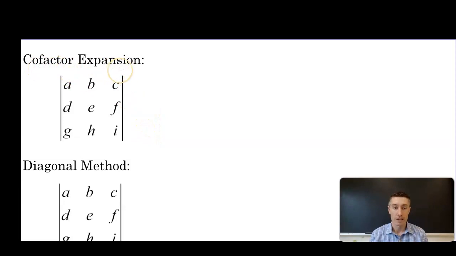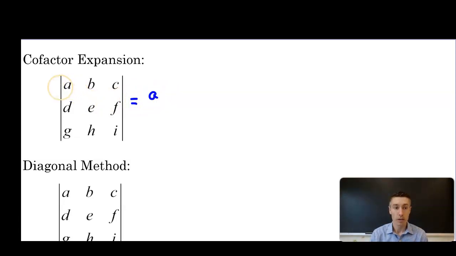So cofactor expansion. The idea here is we go along a row or a column, and we create smaller 2 by 2 matrices that we can find the determinant of. So expanding across the first row, since that's typically what we'll do for the cross product, it's going to look like this.